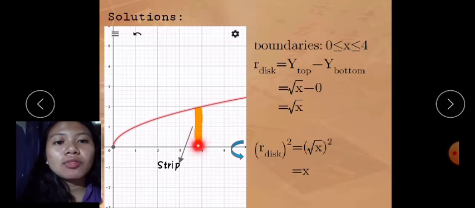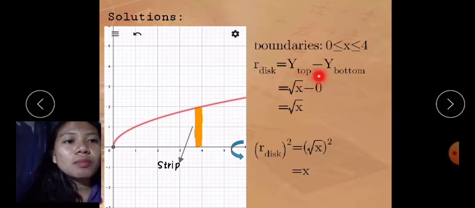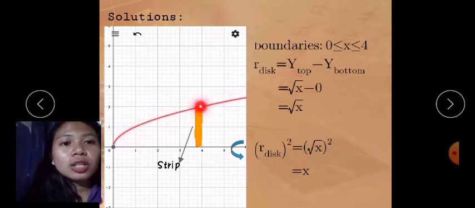Since our strip is vertical, we have the equation r des is equal to y sub top minus y sub bottom. Our top function is square root of x, and our bottom function is 0 since there is none.